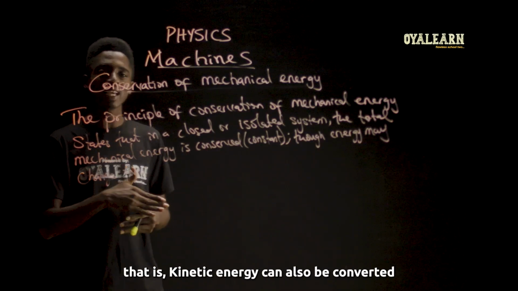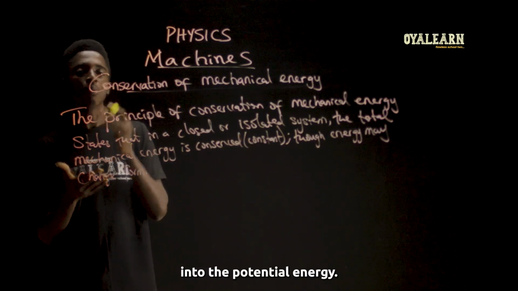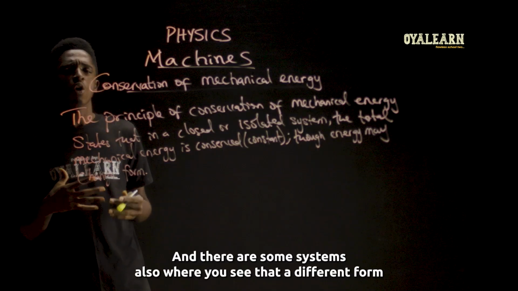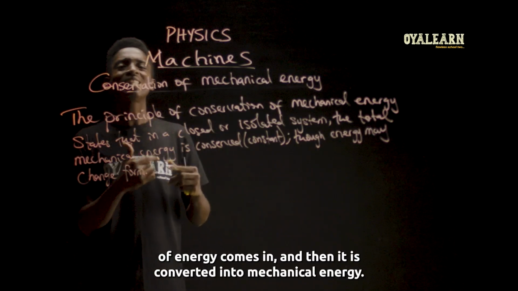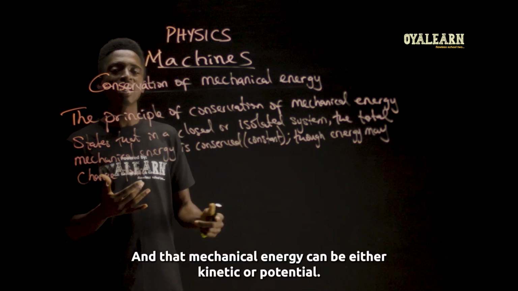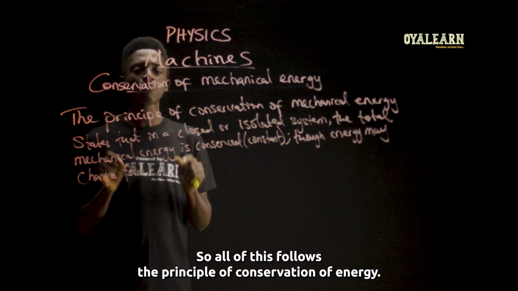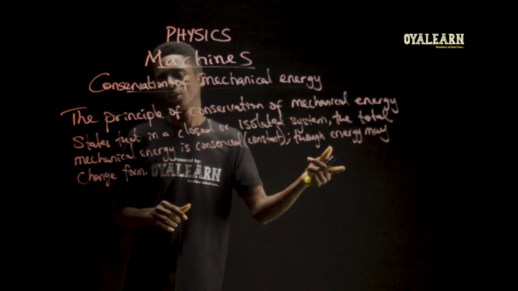That is, kinetic energy can also be converted into potential energy. And there are some systems also where a different form of energy comes in and is converted into mechanical energy, and that mechanical energy can be either kinetic or potential. So all of this follows the principle of conservation of energy.